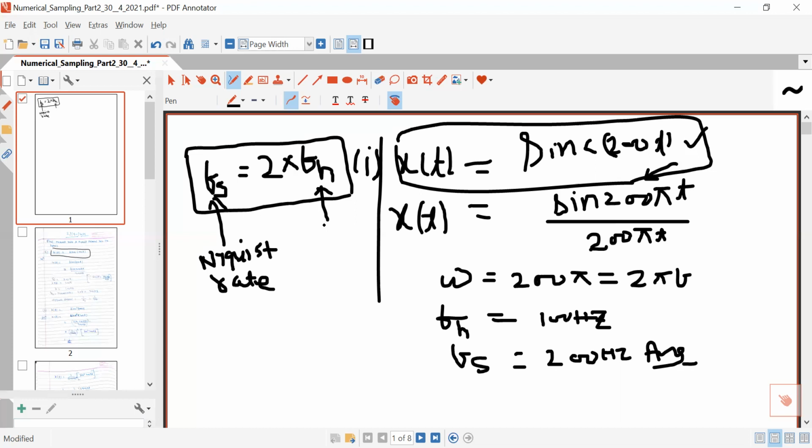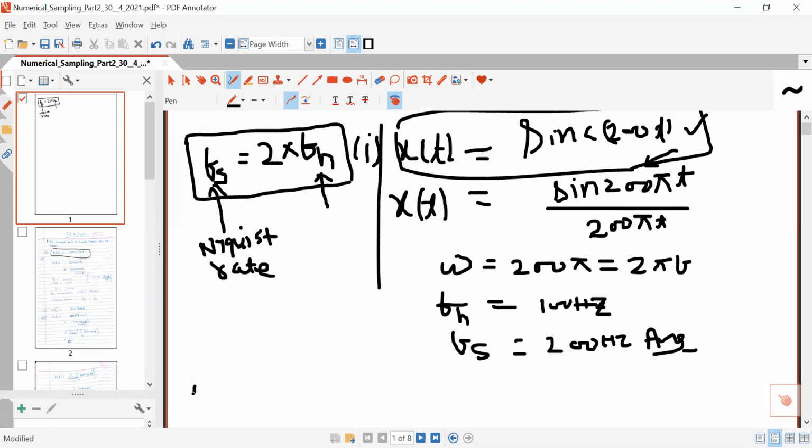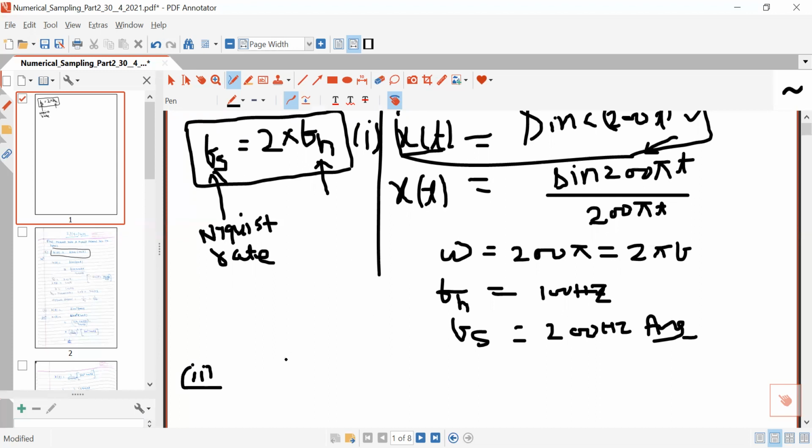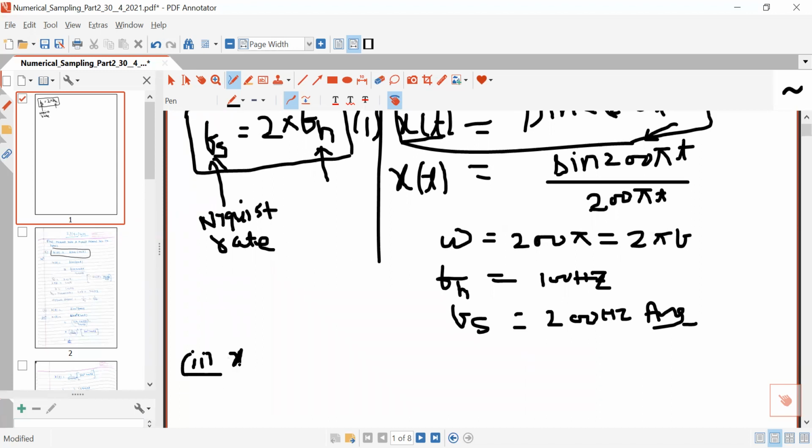And I am going to consider a second example here. What will happen if you have an idea of the sampling frequency of signal xt? Then what will be the sampling frequency of x square t? I am going to discuss this through a numerical example. So now for the second signal, what will be its sampling frequency?